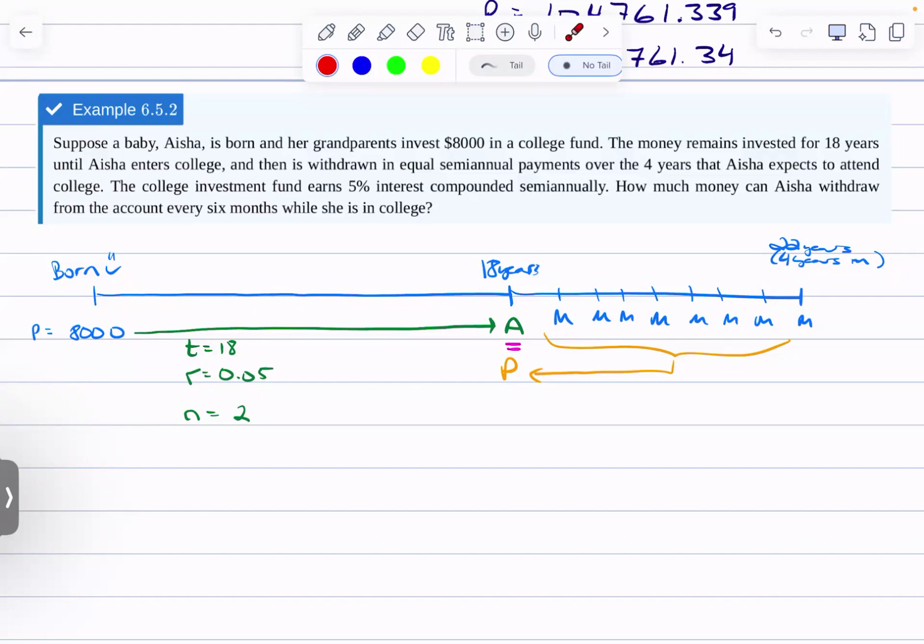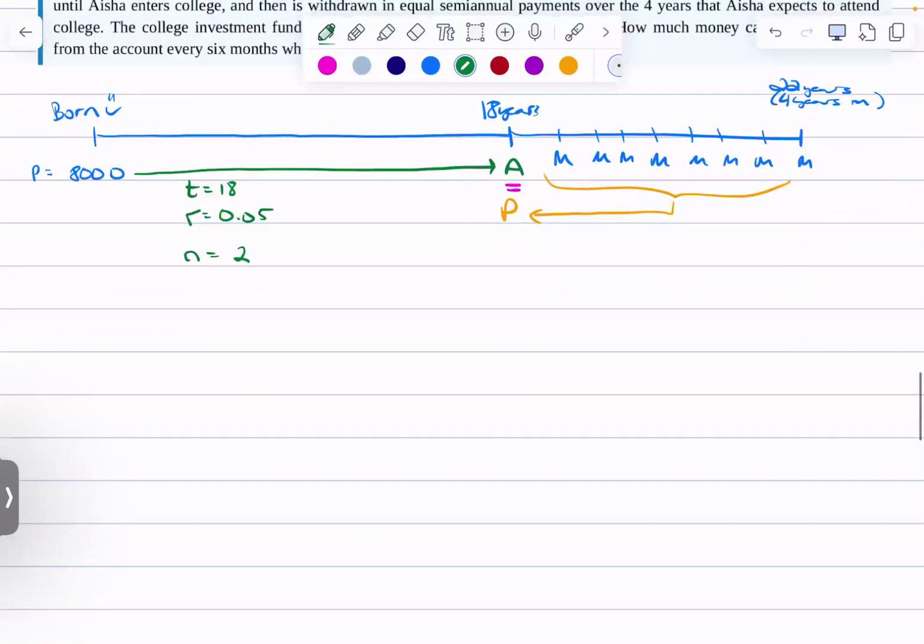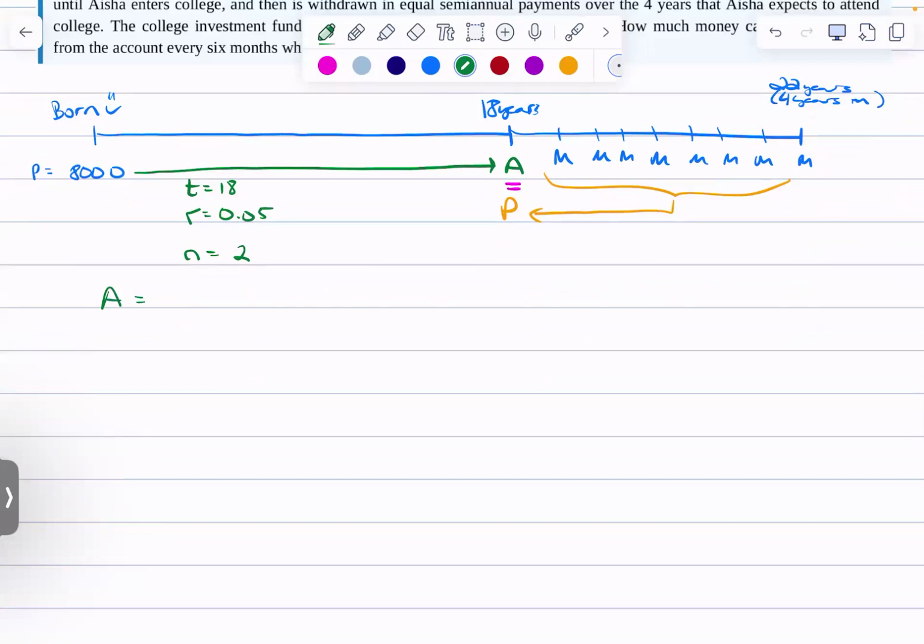Okay, so in this scenario though, we're taking this 8,000 and we're growing it. So let's figure out what this A is. A is P times 1 plus R over N to the N times T, right? No regular payments. If we had regular payments, then yeah, we would need to take those into account with that bigger formula. But here it's just sitting there.